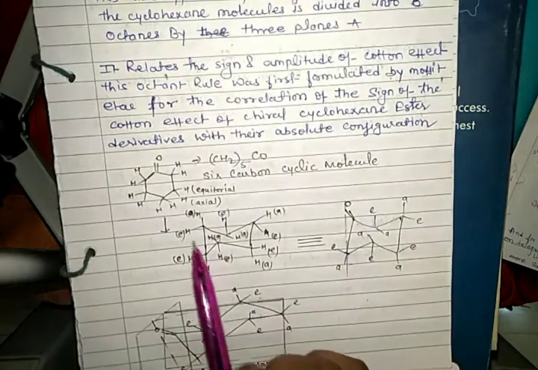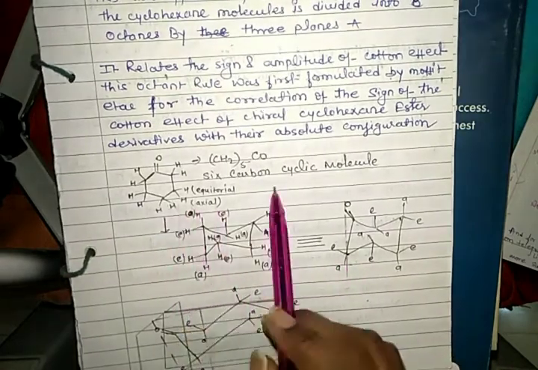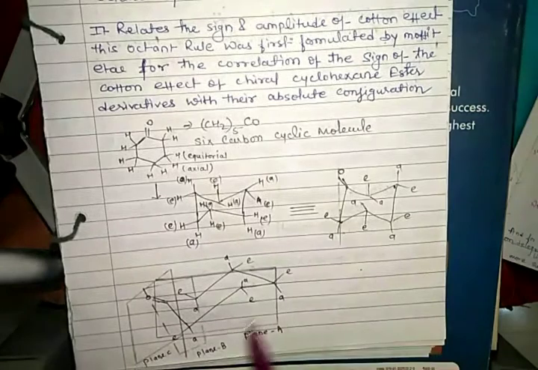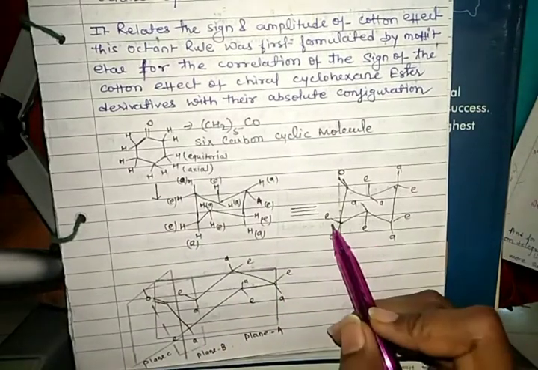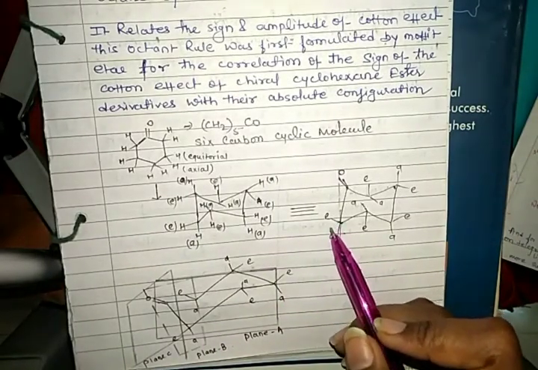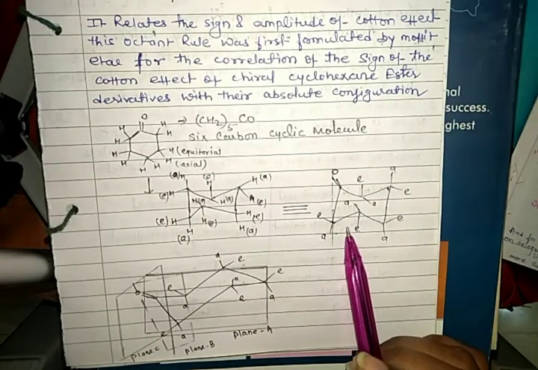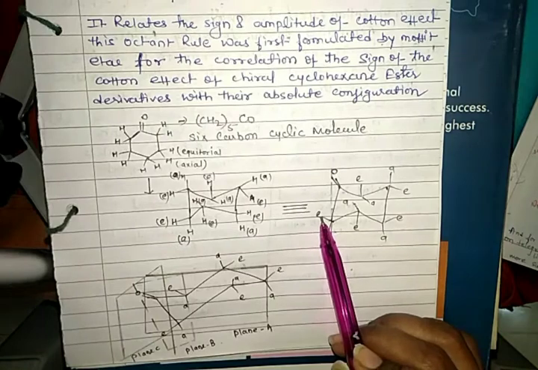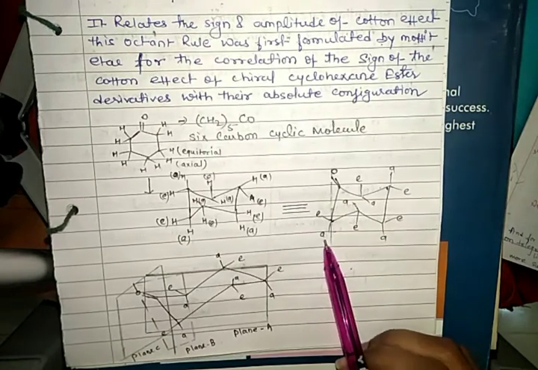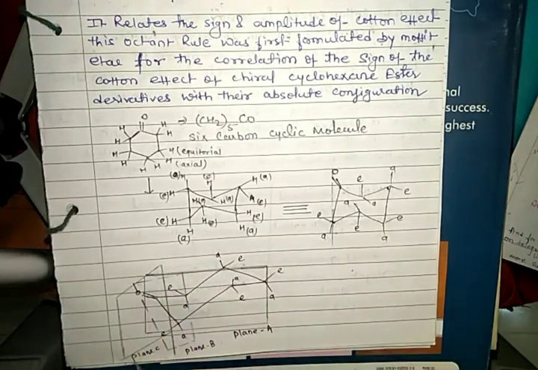So this is the chair form structure of the 6 carbon cyclic molecule, and there we see different positions of hydrogen. So there are equatorial and axial positions, and we divide these positions in different planes.